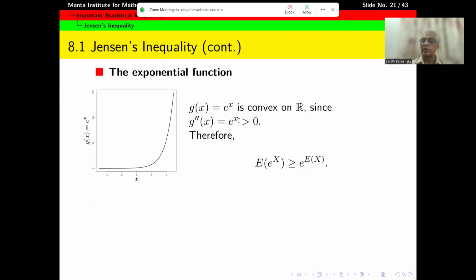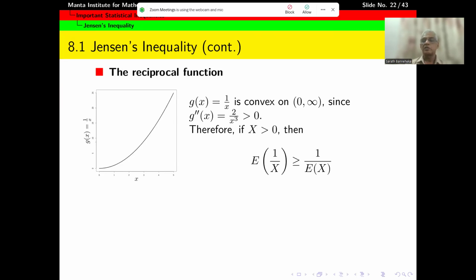Otherwise, for any real number greater than negative infinity, it's positive. Therefore, we should be able to write down again that the expected value of g(X) is greater than or equal to g of the expected value of X. So that is e to the power expected value of X. Right. So that is another example.